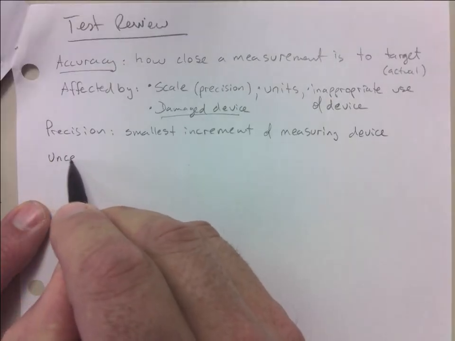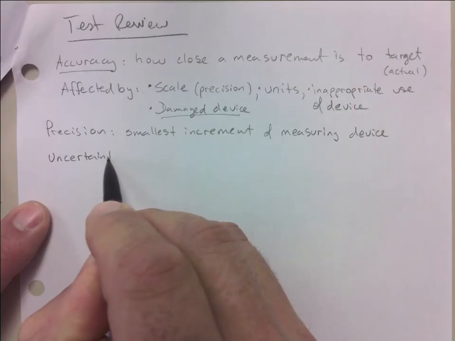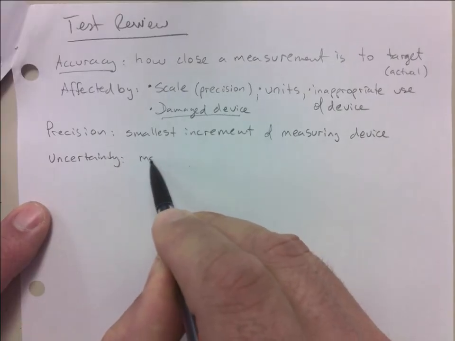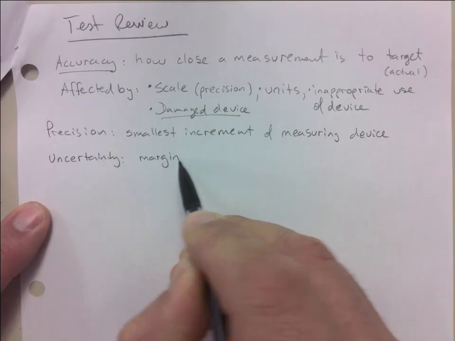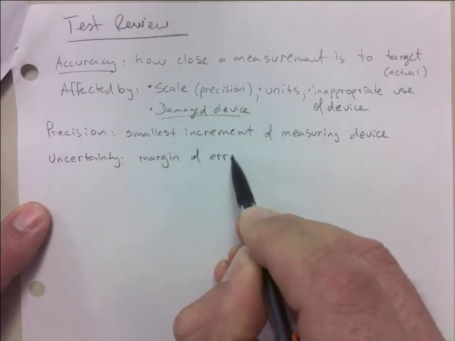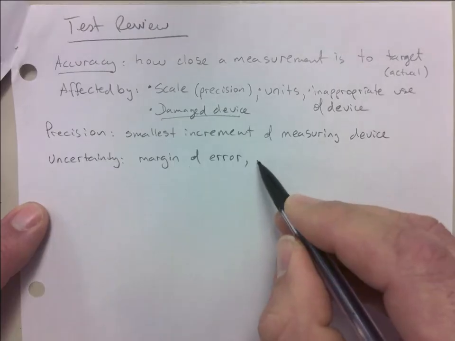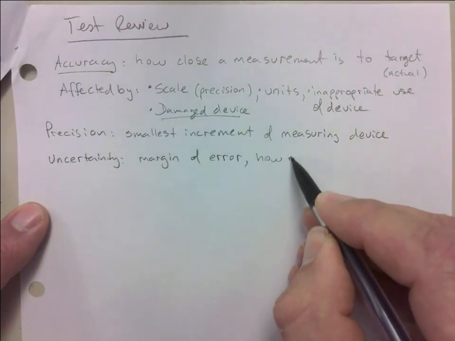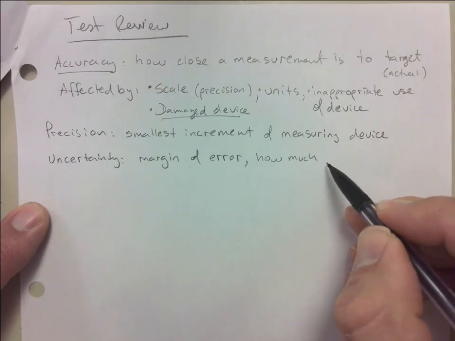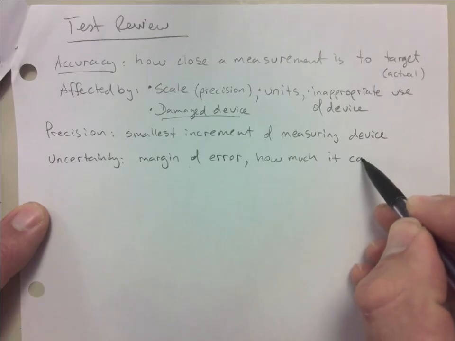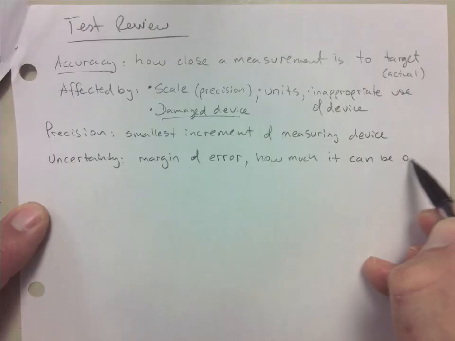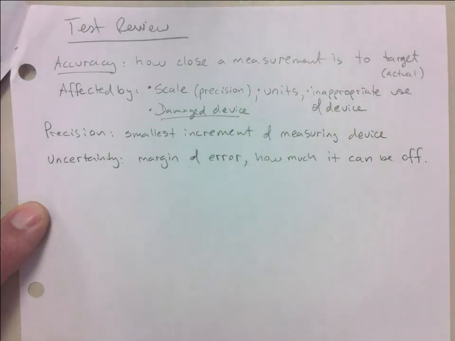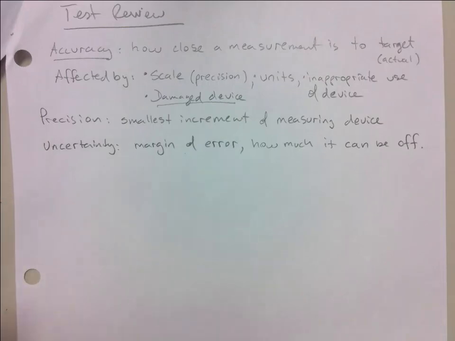Uncertainty talks about margin of error, okay? How much it can be off by. It kind of tells us how much we could potentially be off by with our measurement.